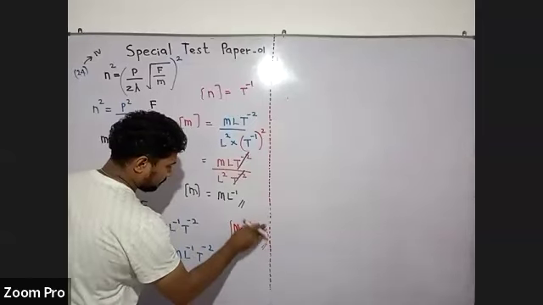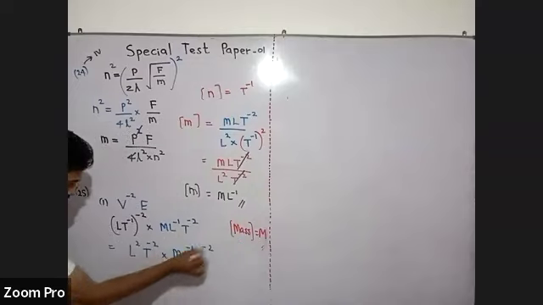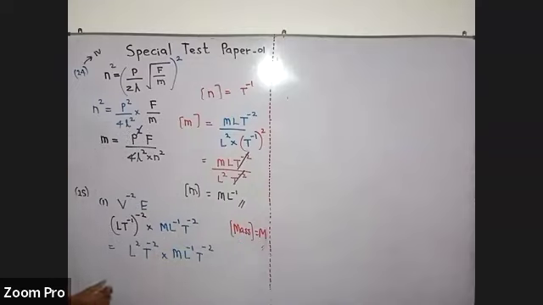Now this should be minus 2 and this one plus 2, because we have to multiply L by minus 2, that means L to the power minus 2. T should be multiplied by minus 1 from minus 2, that means positive plus 2, so this plus 2 cancels this one.